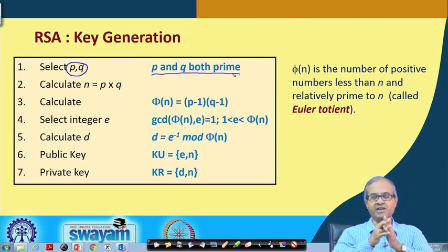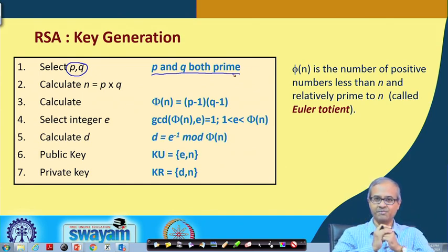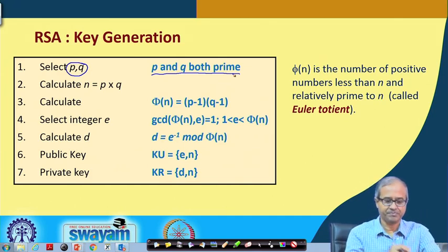Now, you may say that, well, I can choose the prime numbers 5 and 13. Is it good enough? No. The idea is that these numbers P and Q are not small numbers, they are very large numbers. They are of the order of, let us say, 300-digit numbers or even more. They are huge numbers. So, there is some kind of computation involved in this process. You are handling very large numbers.